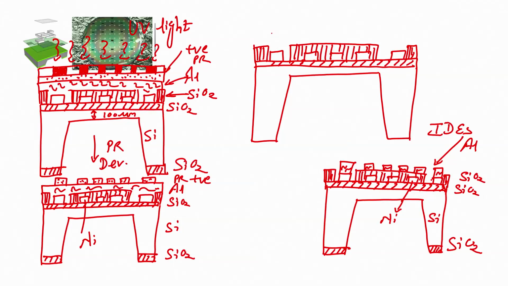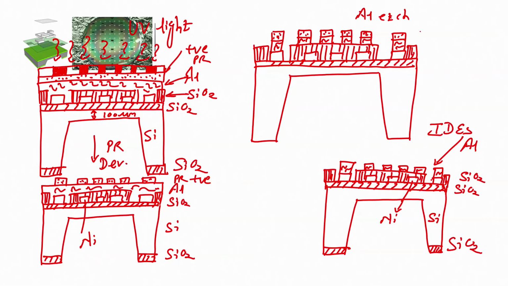So, when we perform aluminum etching, then what will we have? Performing aluminum etch, right, this is what we will get.